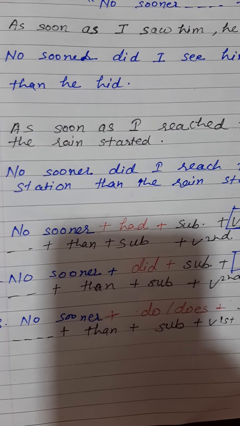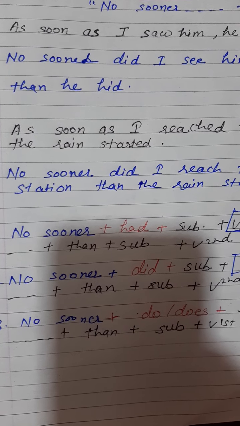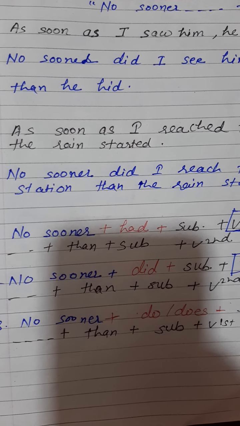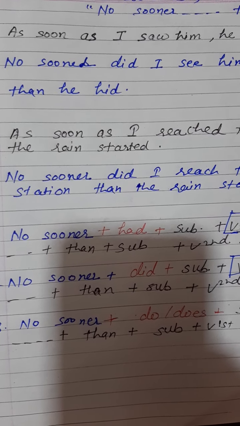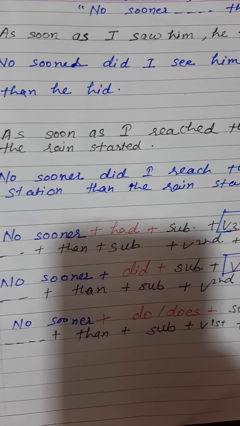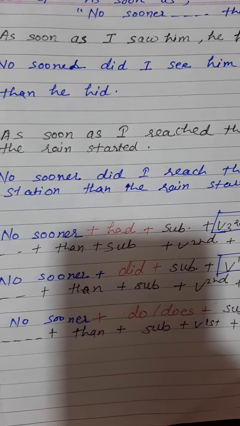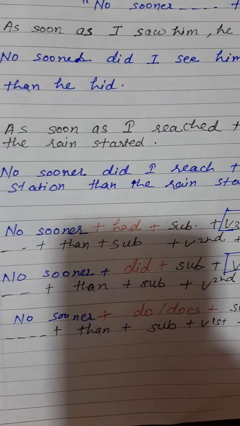Now we change it to no sooner. Remember, when we use no sooner, we use it with the helping verb. No sooner did I reach the station than the rain started.